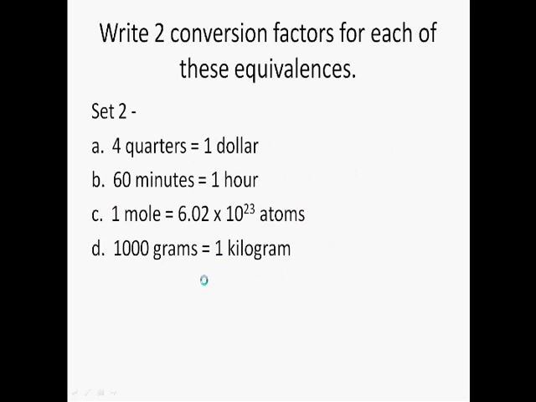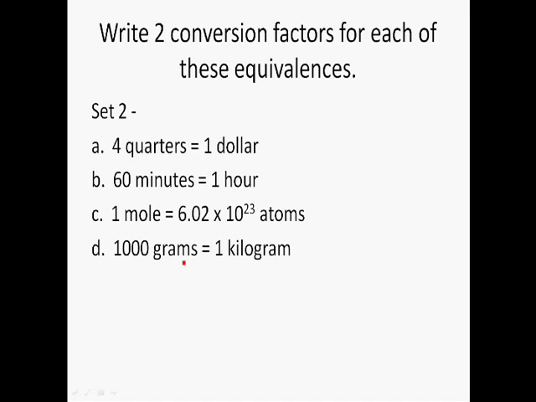For set number 2, we want to make 2 conversion factors, and that's the biggest thing in beginning this process: are you able to make a conversion factor out of equivalencies?